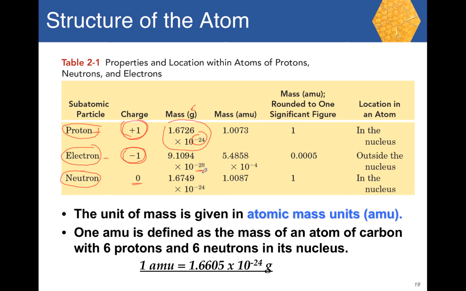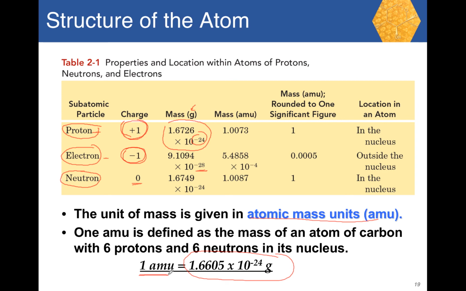So what is done in chemistry is we use another representation. We say 1 atomic mass unit is defined as this number in terms of mass. So from here on we'll see not the mass in grams, but the mass in AMUs, atomic mass units.